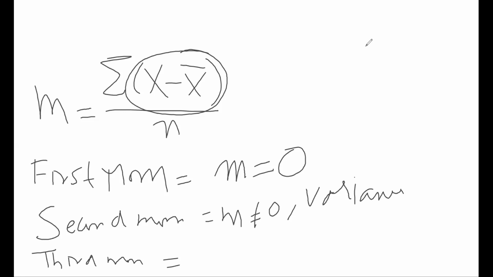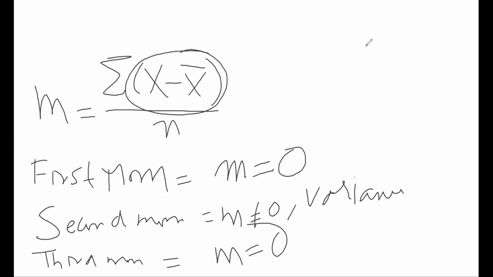So the net result of summing is 0. So m would again be 0. And for the fourth moment it will again be something not 0. So all the odd moments will give us m equal to 0. This would be in the case of our normally distributed curve.